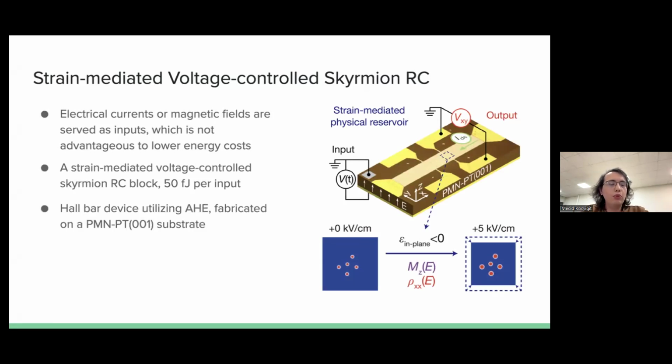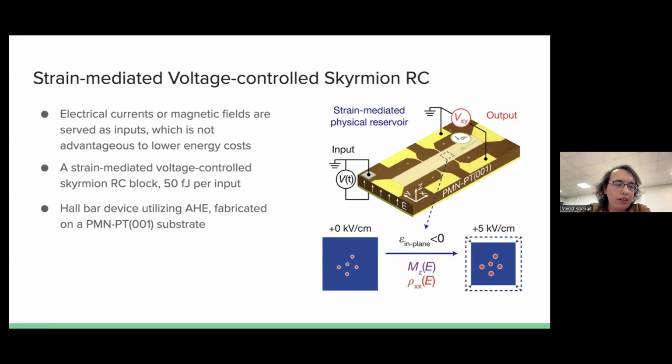The authors proposed a strain-mediated Hall bar device using the electric field as inputs, as you can see in the figure, and the anomalous Hall effect response as outputs, which are all electrical voltage signals. So the input and output not being electrical currents or magnetic fields is very efficient for low energy costs.